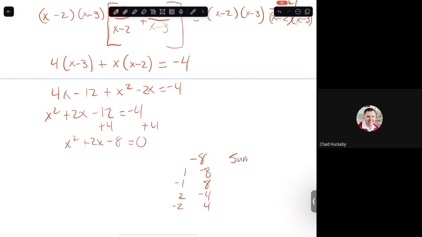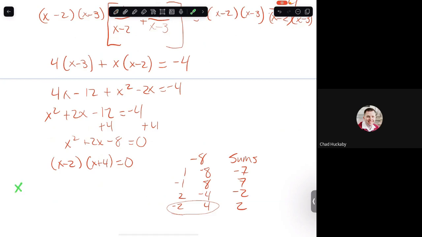So sums: -8 plus 1 is -7. -1 plus 8 is 7. 2 plus a -4 is -2. And -2 plus 4 is 2. So the factors that I need are the -2 and 4. So I can factor this as x minus 2, x plus 4 equals 0.